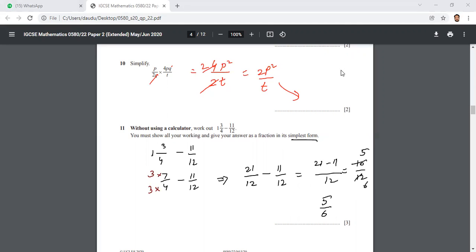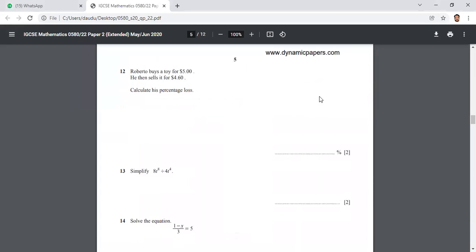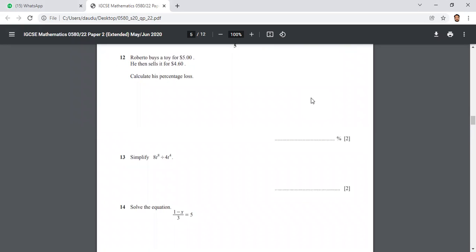Next, question 12. Rito buys a toy for $5.00 and he then sells it for $4.6. Calculate his percentage loss. First of all, we must know what the loss is.